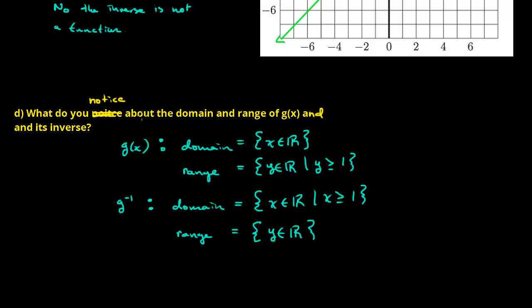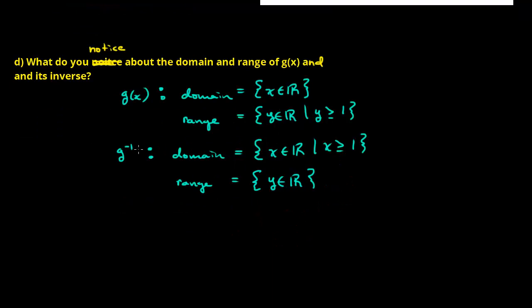So in the question it says, what do you notice about the domain and range of g of x and its inverse? How are the domain and range related? Let's think about what our function g of x does and what the inverse does.